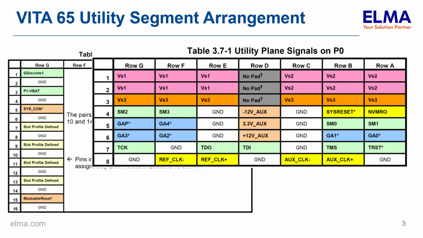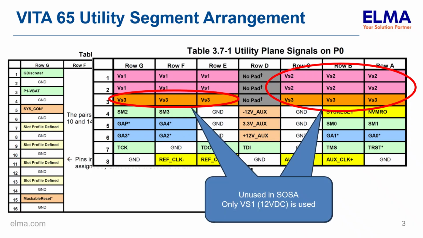SOSA uses most of these signals and ports just as they're called out by the OpenVPX document, with a few important exceptions involving the VS2 and VS3 voltage rails, the plus and minus 12 volt aux pins, and 2 of the slot profile defined pins in the P1 single-ended pin region. Specifically, the SOSA technical standard mandates the use of only the VS1 12-volt DC power rail for main plug-in card power, so the VS2 and VS3 rails are unused.